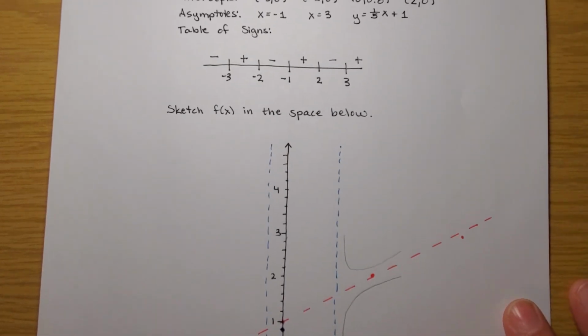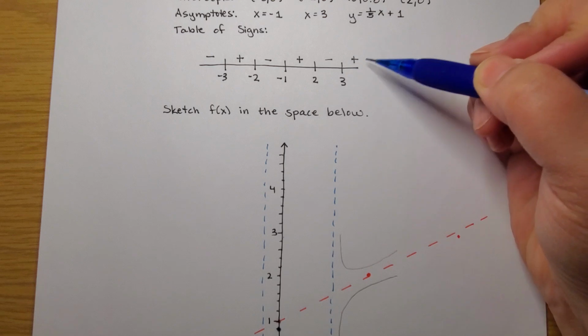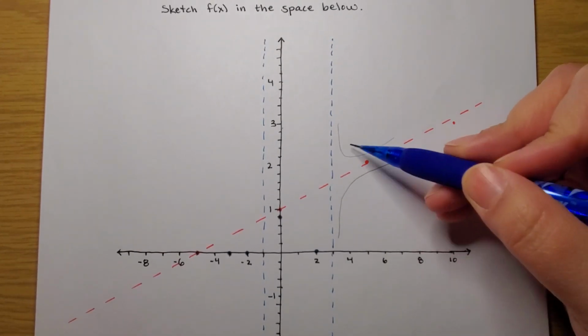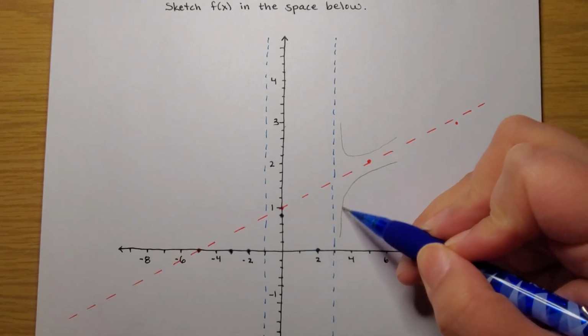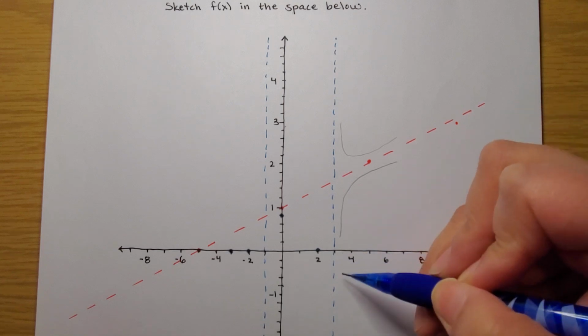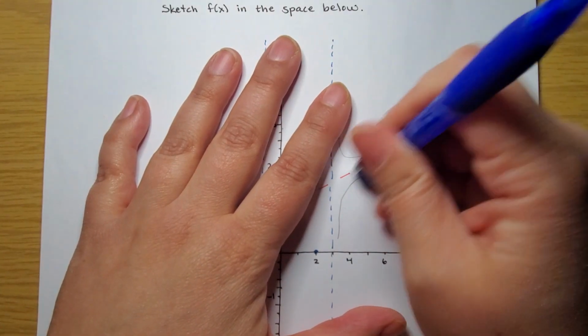So if I look at my table of signs, to the right of 3, which is where that asymptote is, it's always positive. So of these two options, I have to pick the one that will always be positive. This one is going to dip below the x-axis and become negative at some point, so I can't use this one.